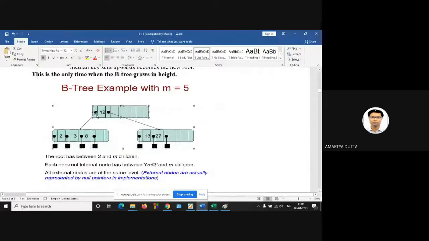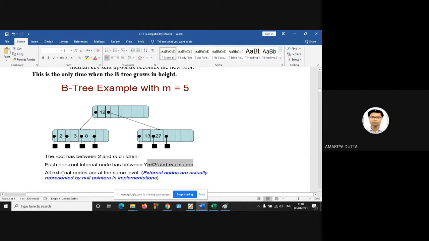So the rule is that the keys run from K1 through K of m minus 1. Now for 12, the keys 2, 3, 8 are less than 12, and 13, 27 are greater than 12, so there will be a total of 2 nodes. The root has between 2 and m children, and all non-root internal nodes have between the ceiling of m by 2 and m children.